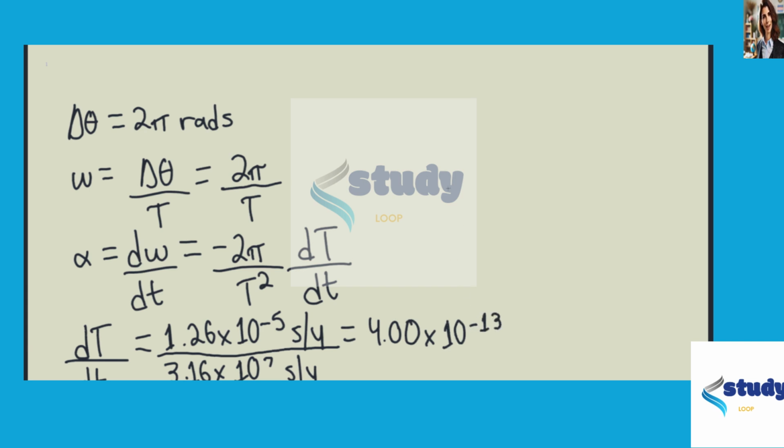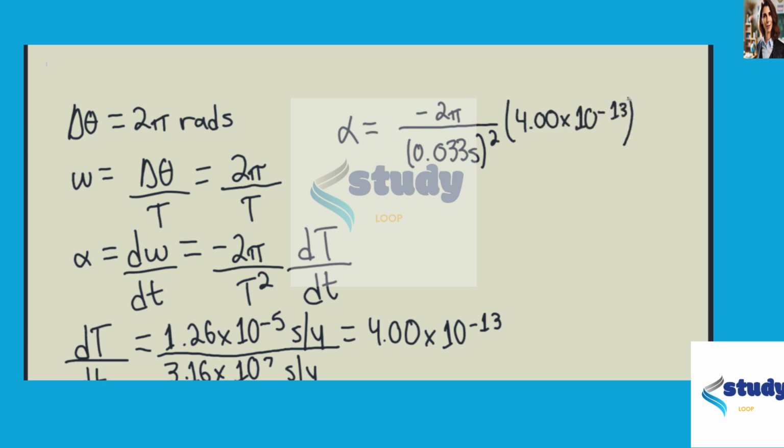And so we can say that alpha would then be equal to negative 2 pi divided by 0.033 seconds quantity squared, multiplied by 4.00 times 10 to the negative 13th.